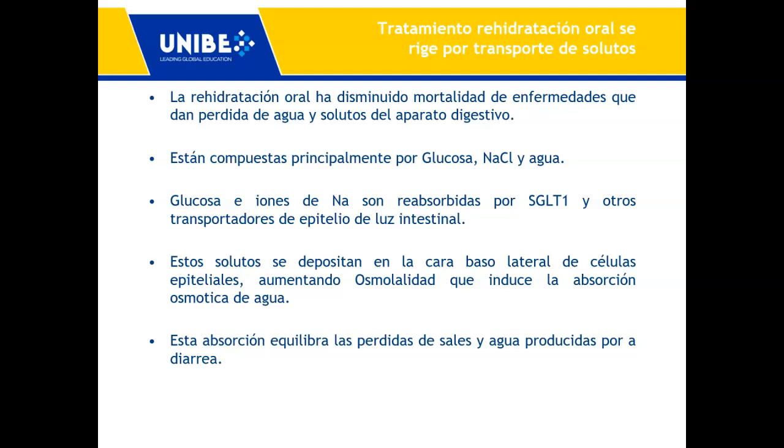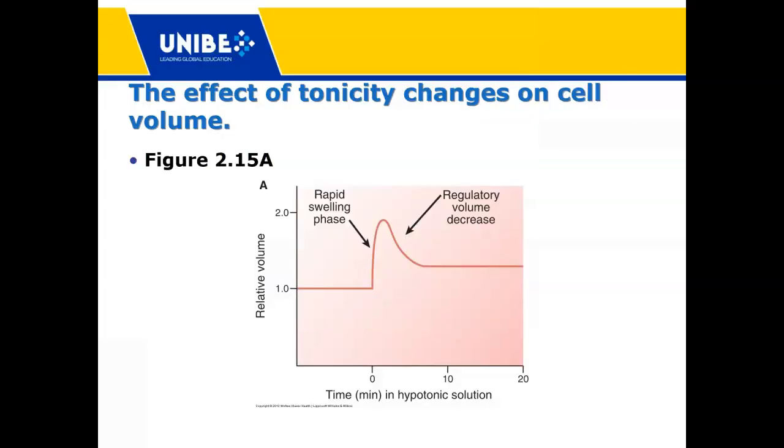This is because in the small intestine I have a type of transporter, the SGLT1, that permits me to reabsorb the solute, and who follows the solute by osmosis? Water. So I can rehydrate the patient much better by giving solutions that have some solute instead of just a solution that only has water. Okay?